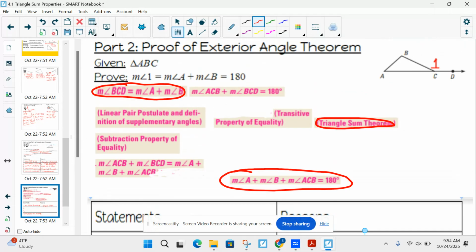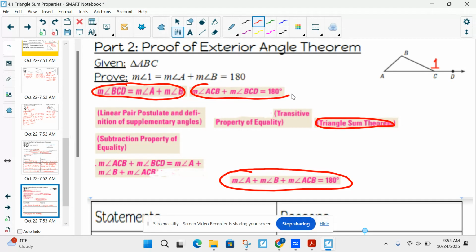Let's see. You've got transitive property. Probably not ready to say that yet. Linear pair postulate and definition of supplementary angles. Can we use that? ACB plus BCD is 180. Can we say that right now?